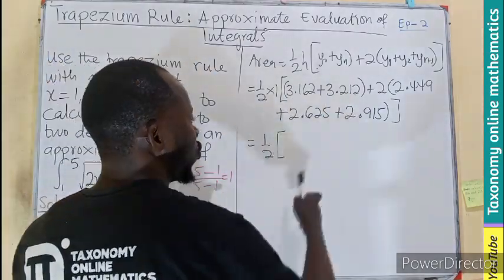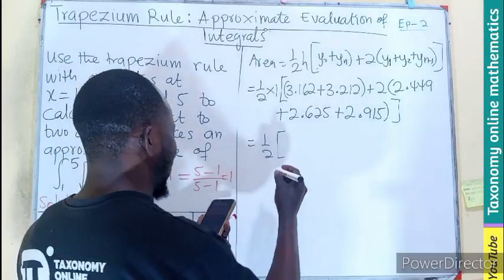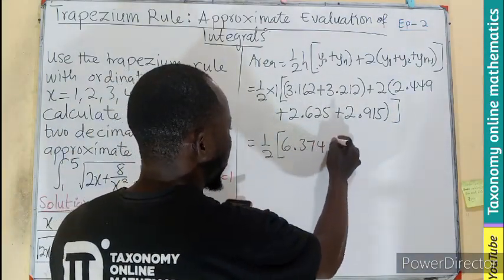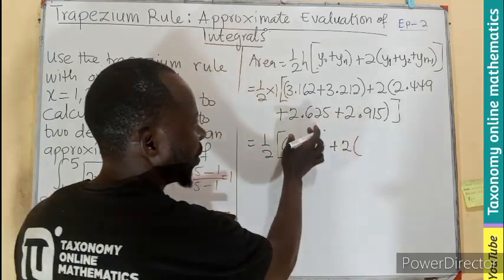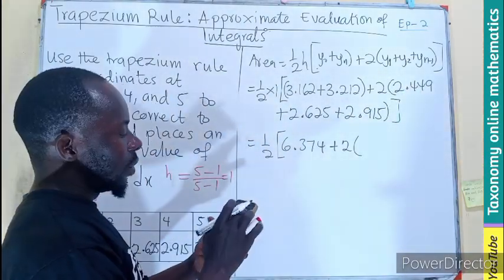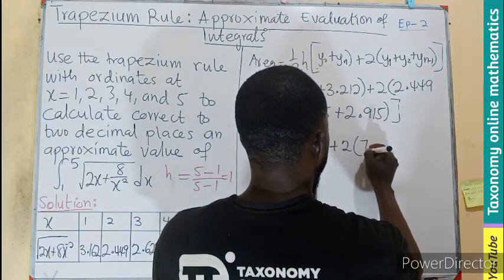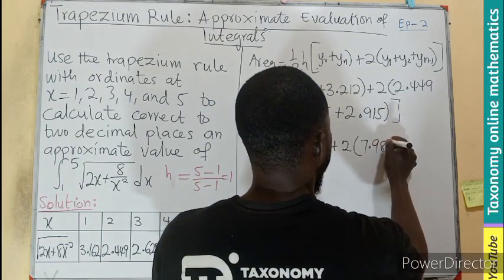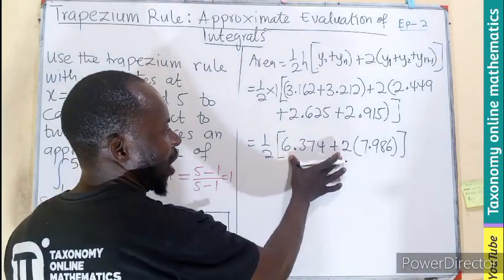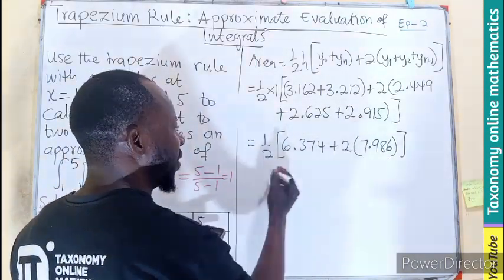If you add these two numbers, you'll be having 6.374, plus twice 1, 2, 3. When we add that, that will give us 7.986. We enclose that.